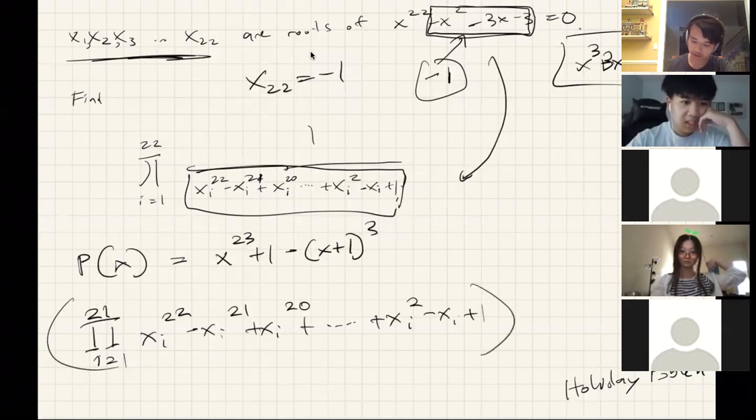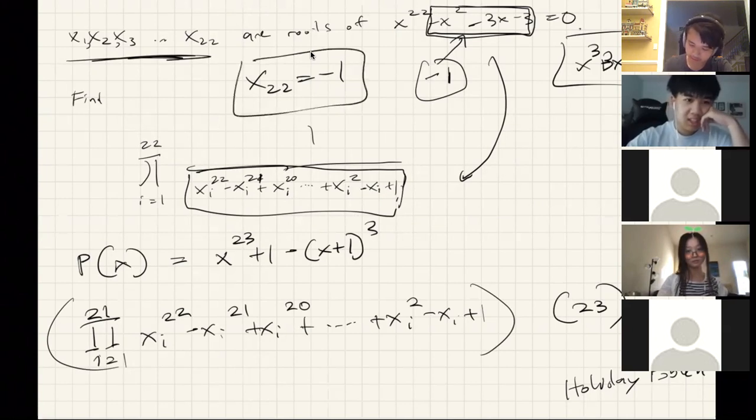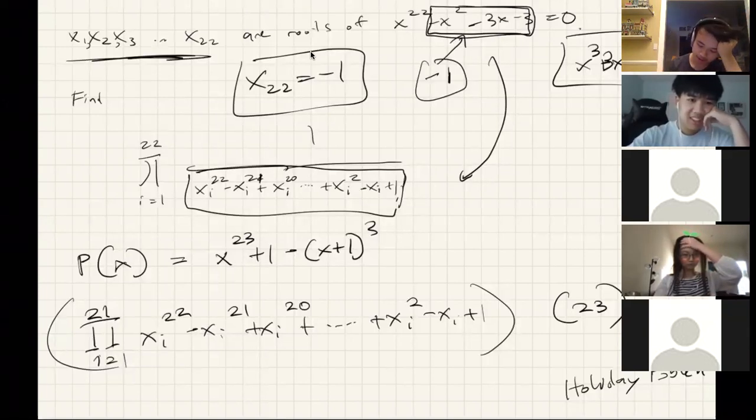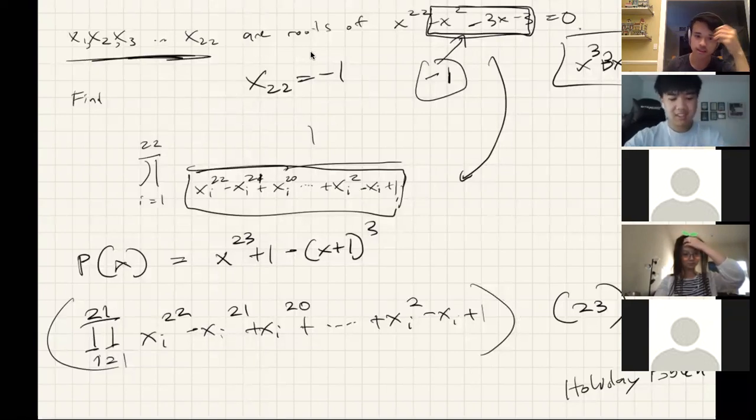And then we also have the 23 at the end, right? Because of x22 equals -1. So basically, we've isolated the root that we don't like, and then we're trying to determine the product for the stuff that we do like.